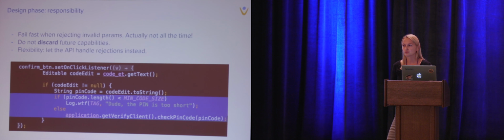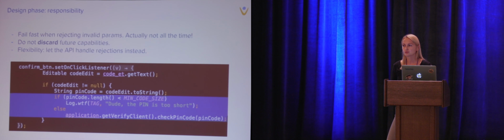Another example we have here is from our conversation SDK. We are building an in-app messaging SDK that allows you to send messages to a conversation you're a part of. Let's say you decide that you cannot send empty payloads, because maybe that is the server design at that point.